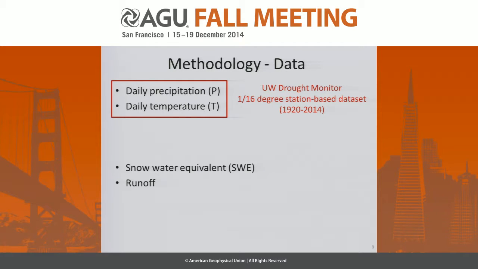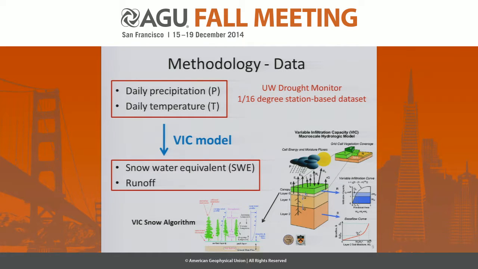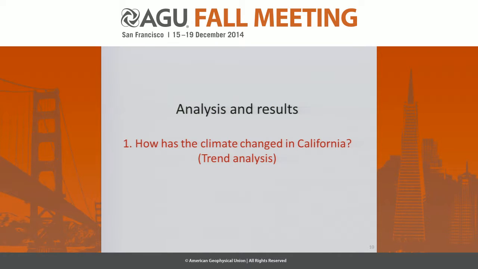For snow water equivalent, SWE, and runoff, because we don't have these data back in history, what we did was run the variable infiltration capacity model, the VIC model, to simulate these two variables. The VIC model basically takes the meteorological forcing data as input, simulates hydrological processes, and outputs hydrologic variables. It has been successfully used in many large basins and areas.